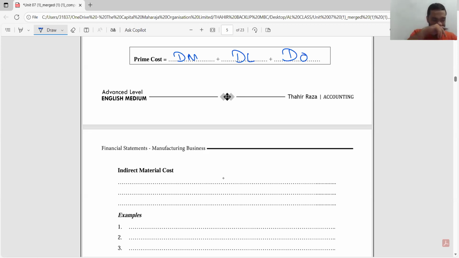Okay. So let's move on. Indirect material cost.